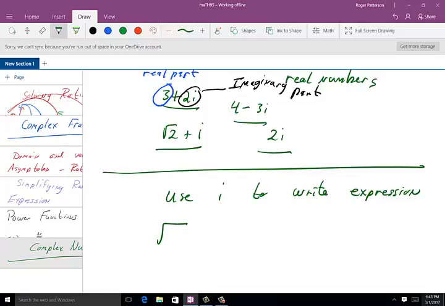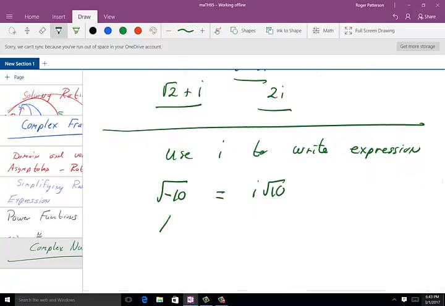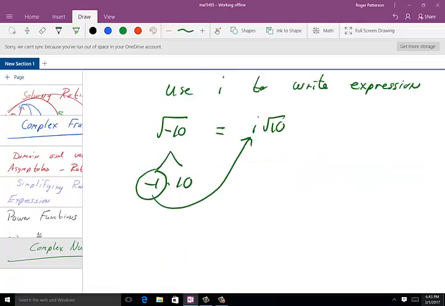So if we have the square root of -10, we're going to write that as i root 10, because remember that this can be equal to -1 times 10, and the square root of -1 is i. And that's where it comes from. Okay, so whenever you have the square root of a negative number, which you've been told you can't do, even by me, but I always was careful to say it's not a real number, which it's not.